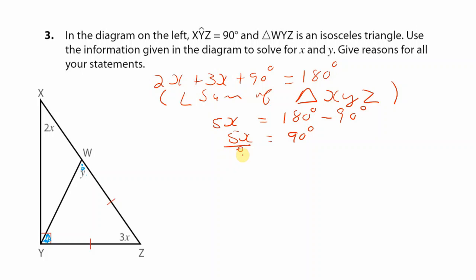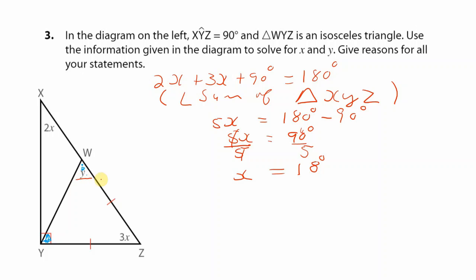We don't want 5x, we want x. Divide both sides by 5. Therefore x is, 5 goes into 9 once, remainder 4. 5 goes into 40 8 times. So we know x is 18 degrees.